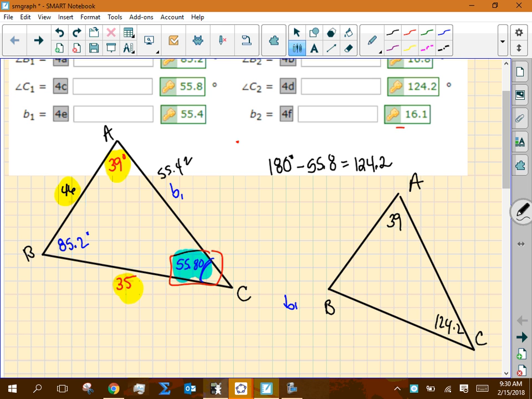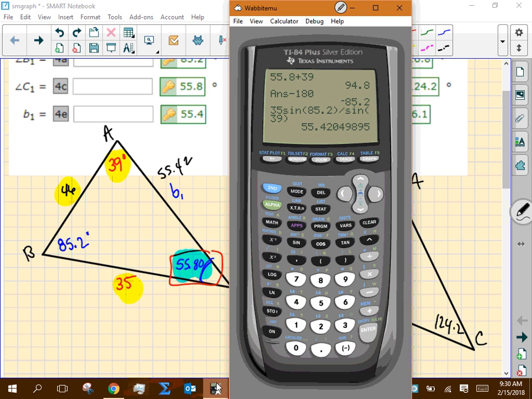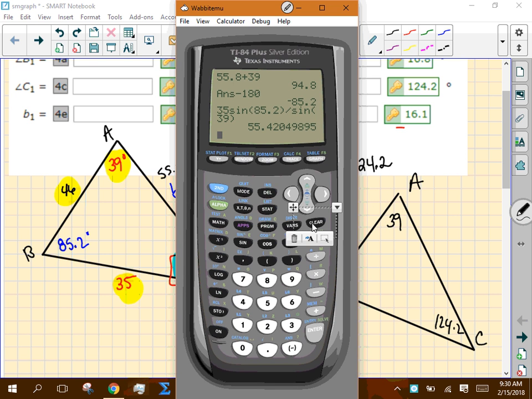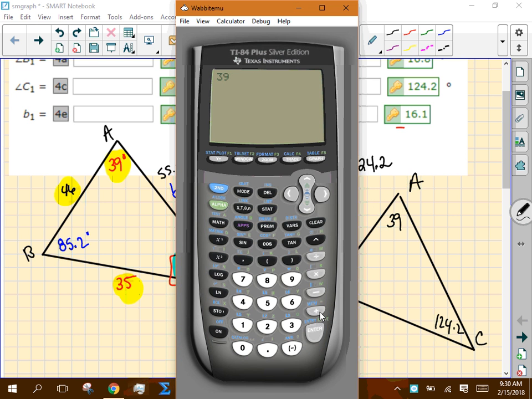Well, what do I mean by does it work? I know that I've got to have 39 degrees in my triangle, right? I now say that 124.2 is part of my triangle. If that sum is less than 180, that means you have leftover angle measurement for that third angle, correct?